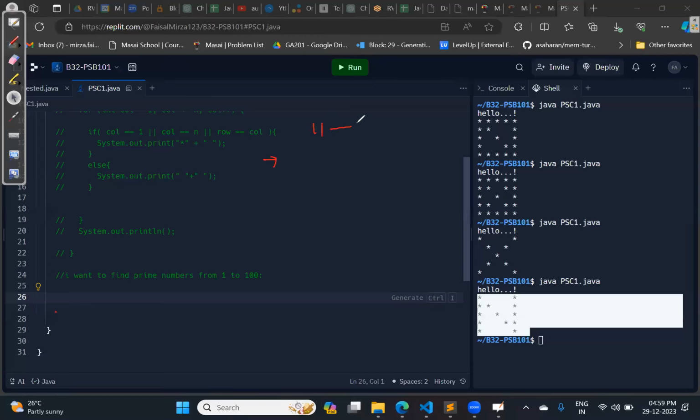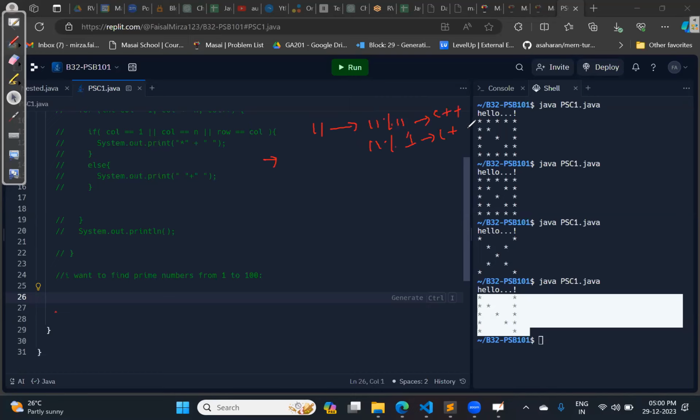For example, if it is 11. If it is divisible only by itself and 1, then it will be prime. It can be divided only by 1 and the number itself.